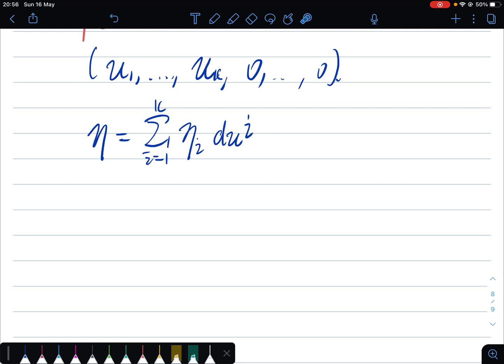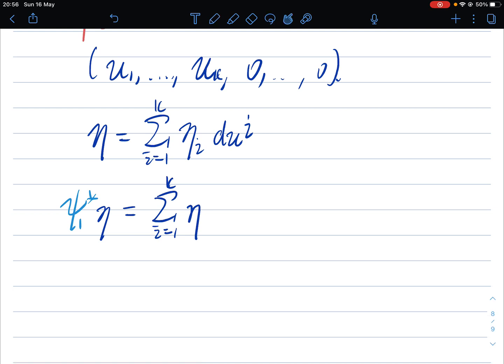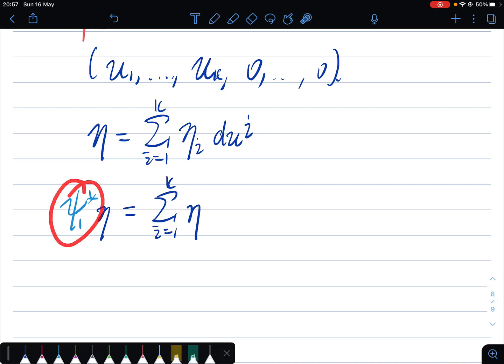After taking the psi map of it, by definition, we put this pullback map psi into the scalar function and also the differential form.